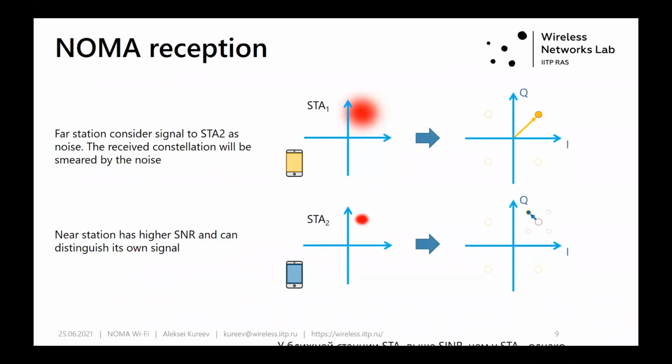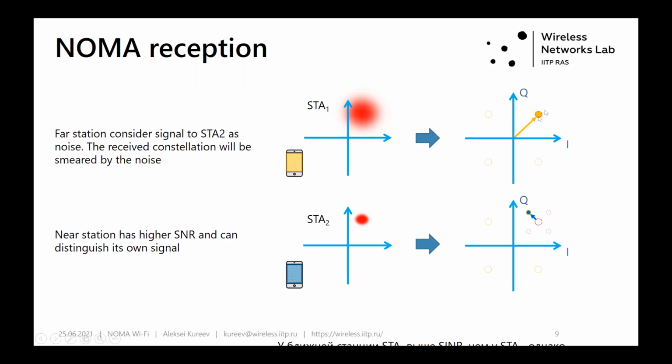If we consider a case of NOMA reception, the far station considers the signal to STA2 as noise, and the received constellation will be smeared by the noise. We see a very smeared red point, which corresponds to multiple points received at the access point from this constellation.